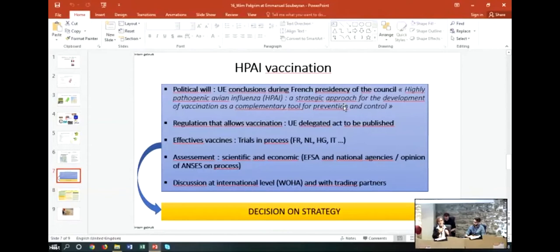Or do we want to vaccinate all species? Do we want to vaccinate only specific zones, as you saw, only the very high density zones? All these questions we ask our agency to evaluate, through different scenarios.